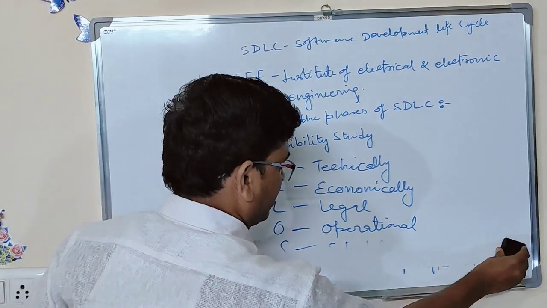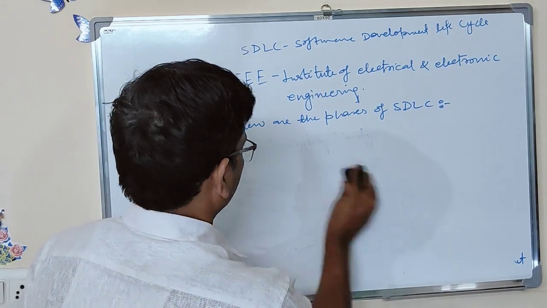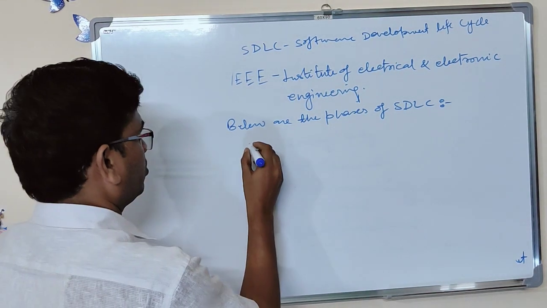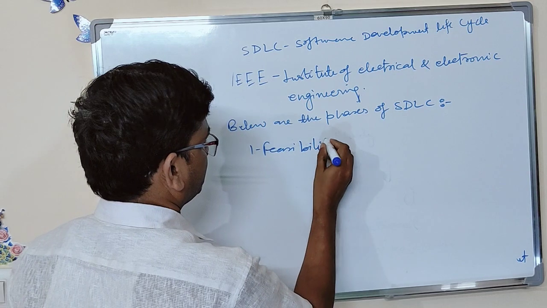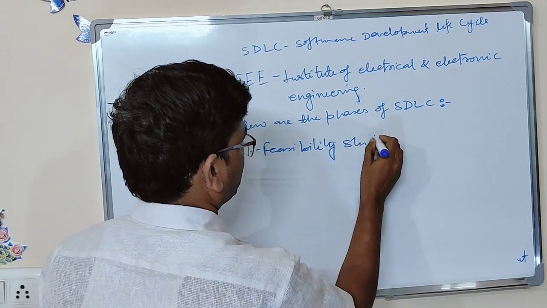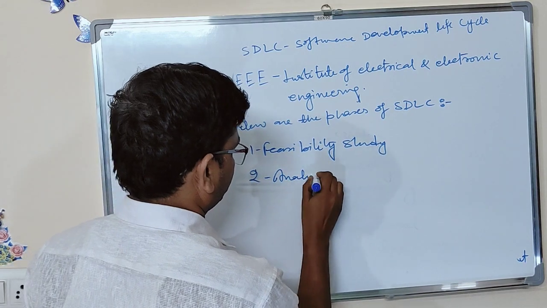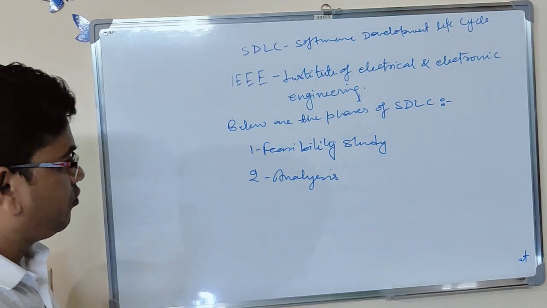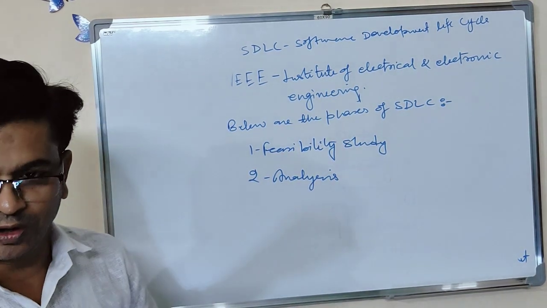After the feasibility study, when the FSD document is completed, the next phase will start, that is analysis. So first was feasibility, second is analysis. I've already informed you that every phase has some input document and some output document.